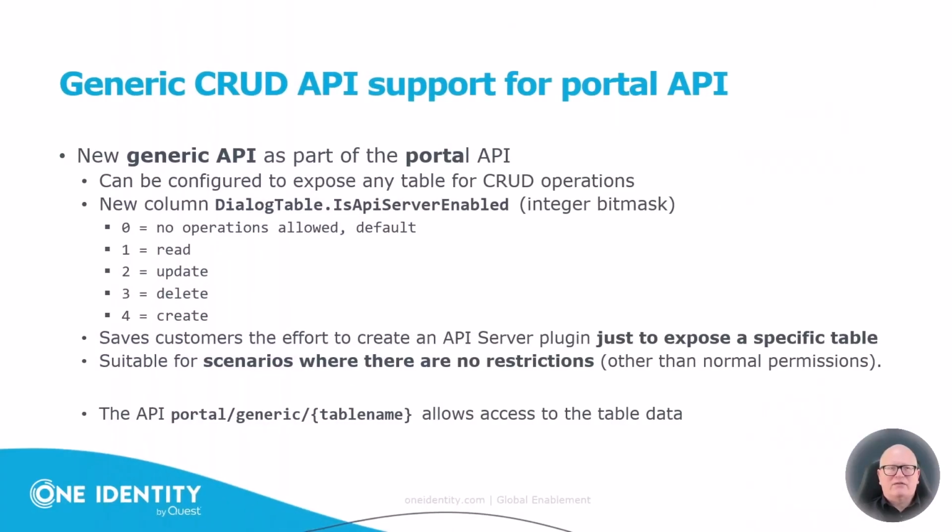Very nice and very new, of course, in the API server is now the CRUD API support for custom tables. Remember, it is possible in the Identity Manager to add data structures. You can do that with schema extensions, and the schema extender itself allows you as well to extend the API of the Identity Manager.